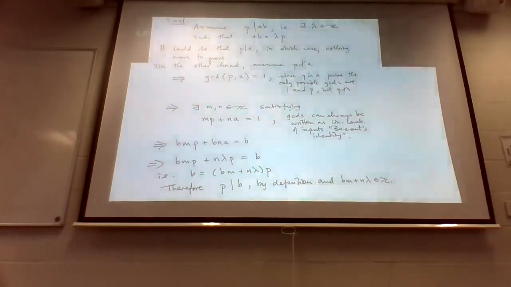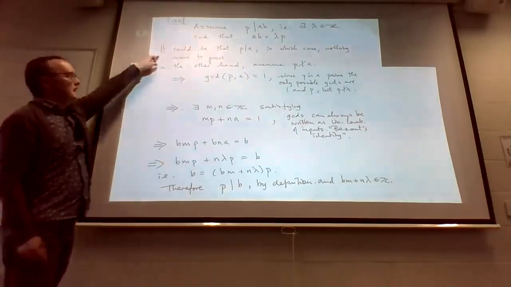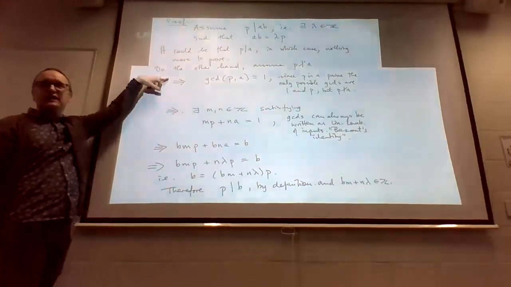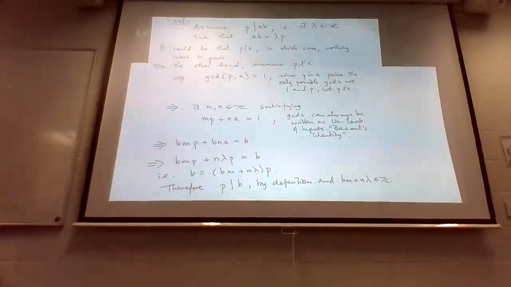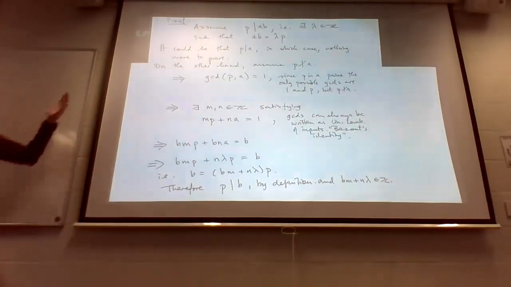So these two cases, P dividing A and P not dividing A, cover every possible world.